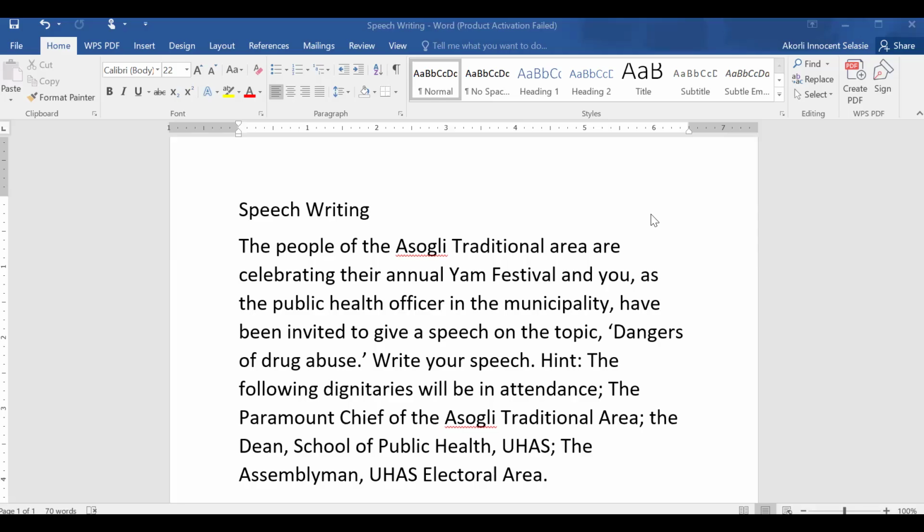But in the context of what we are discussing now, maybe there is an upsurge of drug abuse in the area, and it is becoming a concern to the elderly people in the community, and they want to use the Yam Festival as an opportunity where a large number of people will come, so that you can speak to the issue, so that many of those people who may be abusing drugs can have the opportunity to listen to the dangers or the side effects of these things. Okay. All right. Thank you.